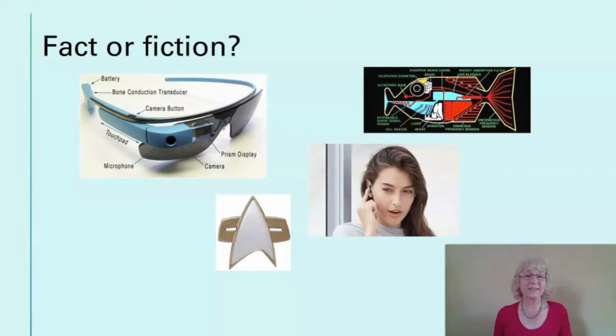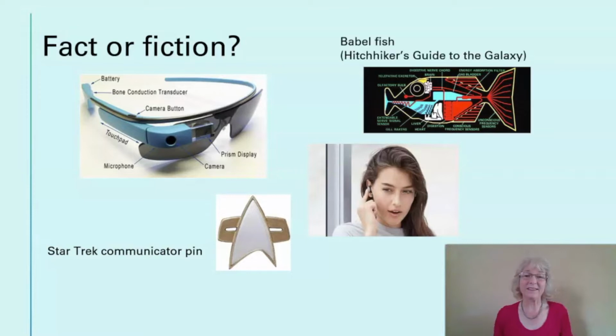Universal translators have been popular in science fiction for years. Which of these are real, and which are the products of fiction? The Star Trek communicator pin from the Paramount television series in the 60s was used to communicate instantly with aliens. Similarly, the Babel fish in Hitchhiker's Guide to the Galaxy by Douglas Adams in 1978 was inserted into the ear to allow the user to understand any language.